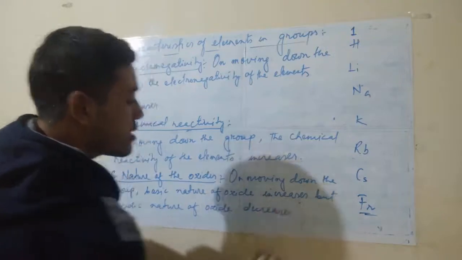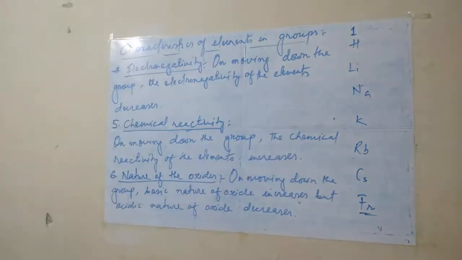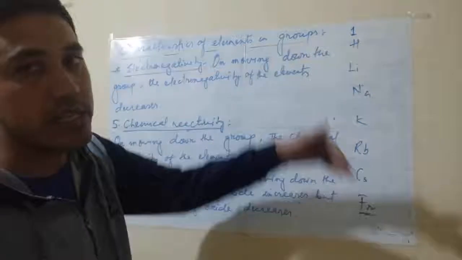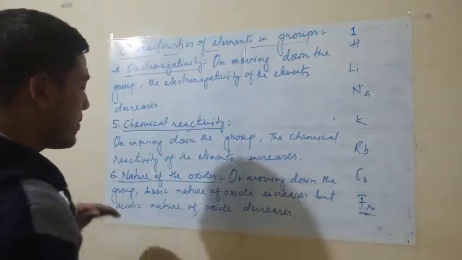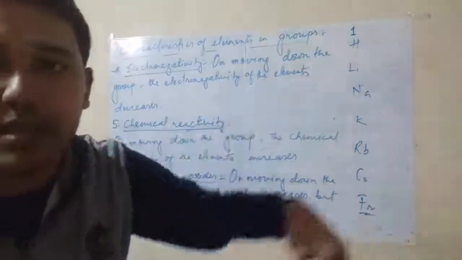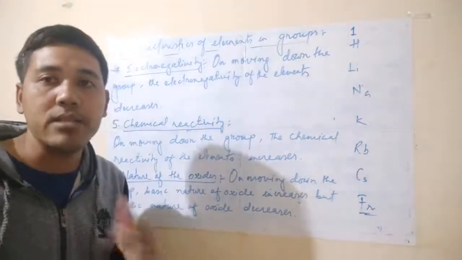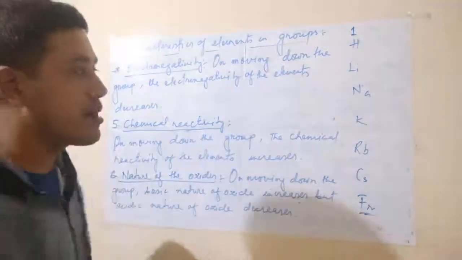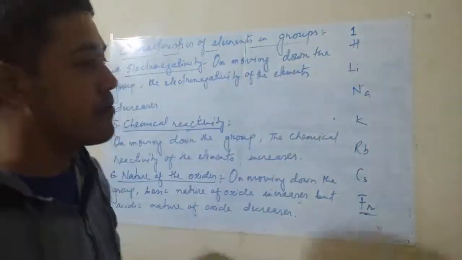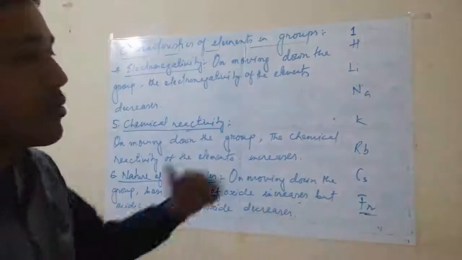We know the metallic character of the element will increase on moving down the group. Because of that, the basic nature of the oxide will increase. Why? All the metals form basic oxides, right?